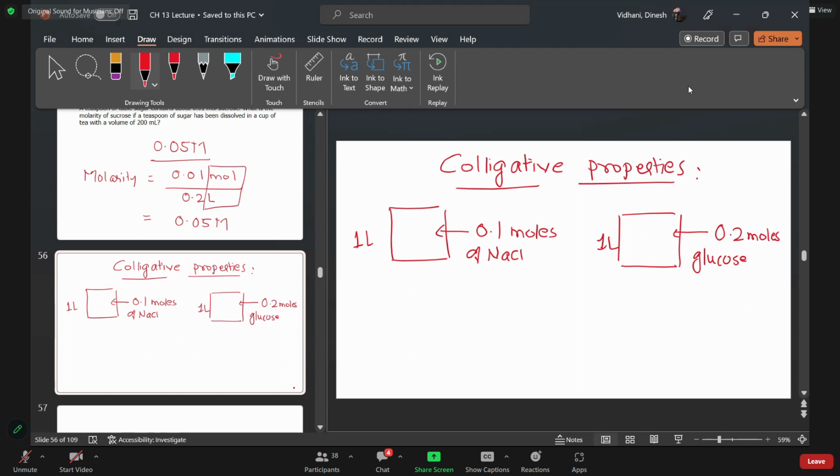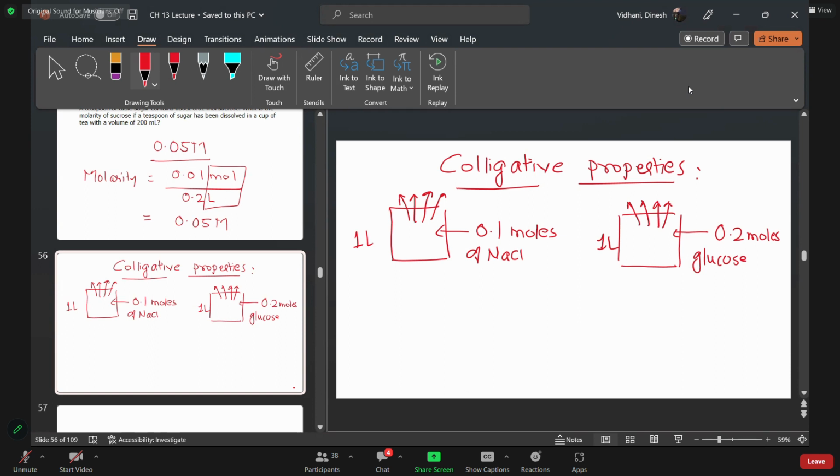The vapor pressure, that means the pressure exerted by the solution onto the atmosphere, is also going to be the same for these two solutions, right? In the same way, when you look at the freezing point, that means the point at which your solution will freeze to the solid state, that will also be the same. And when you look at the osmotic pressure, we are going to discuss that, but osmotic pressure is also going to be the same.